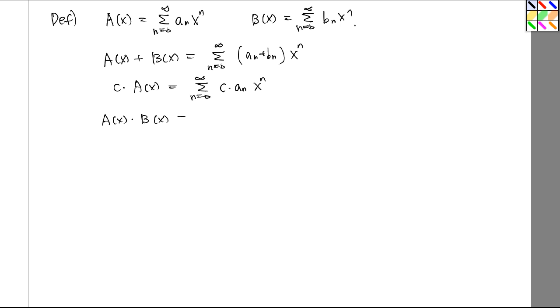So we multiply two generating functions, and the result is also a generating function, so we must have some coefficient times x to the n, where we sum this for n from 0 to infinity. And the coefficient here is defined to be another sum: i goes from 0 to n, ai times b of n minus i.